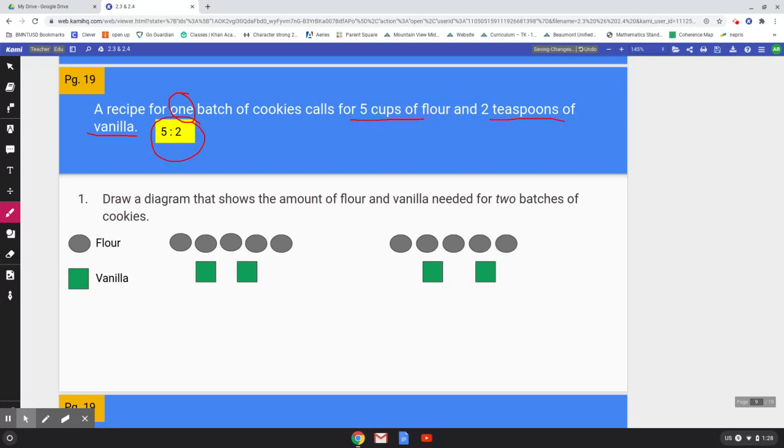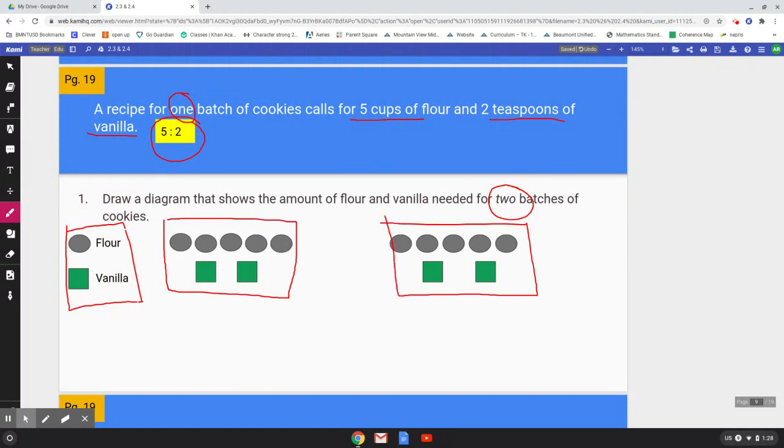Now for number 1, it says draw a diagram that shows the amount of flour and vanilla needed for 2 batches. You're going to copy what you see, the shapes. My little key was here. I made flour gray. I made vanilla green. And this is 1 batch, and this is my second batch. So 1 batch should have 5 flour and 2 vanillas. 2 batches will have 10 flour and 4 vanillas.